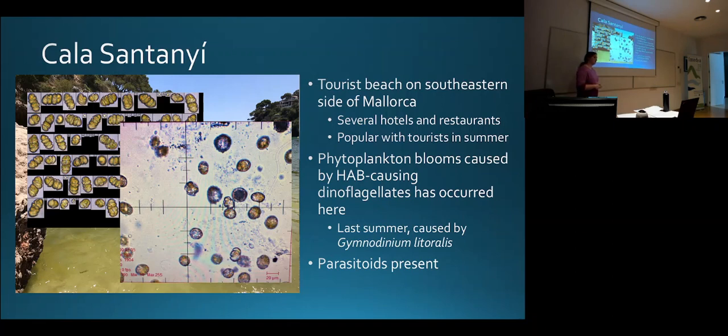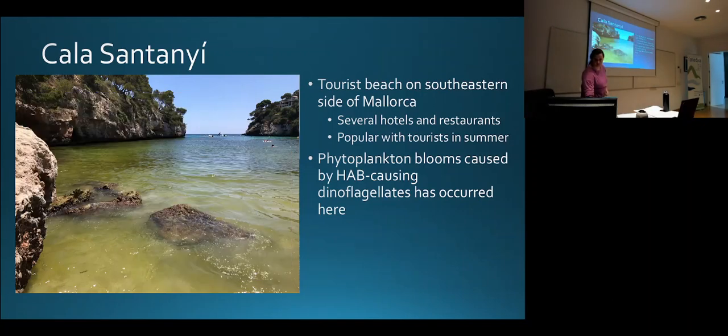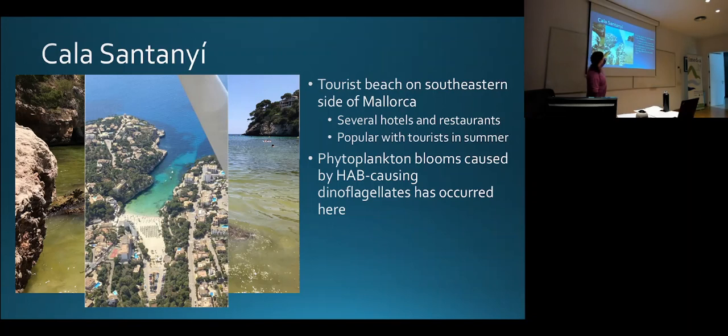Do blooms occur only in the last few years in Cala Santanyí? Is it a new phenomenon? It's not a new phenomenon, from my understanding from conversations with other people and locals. It starts at this point in the cala and moves that way.